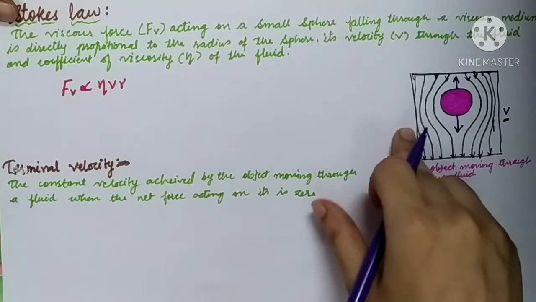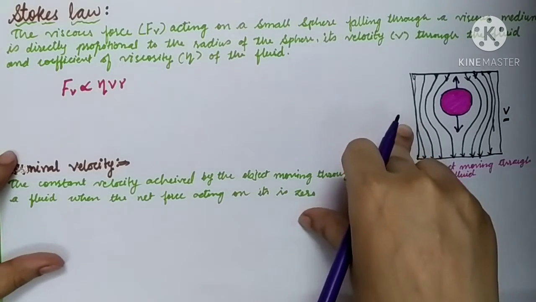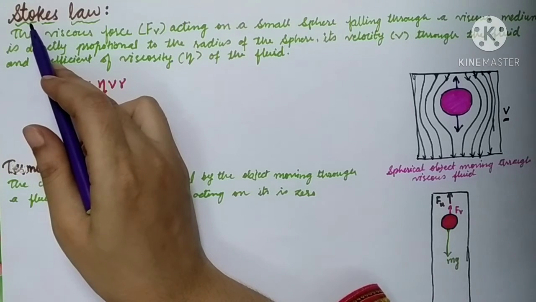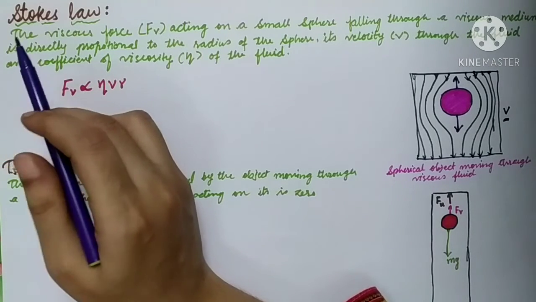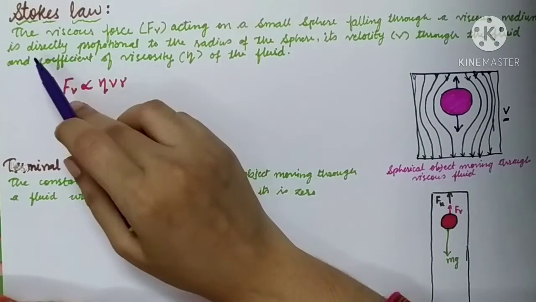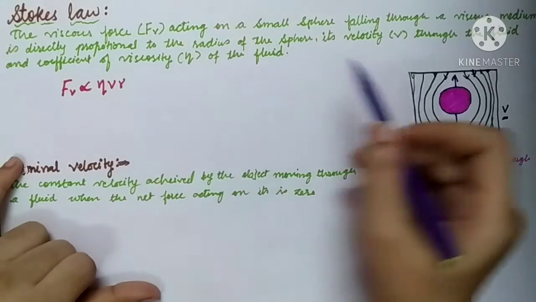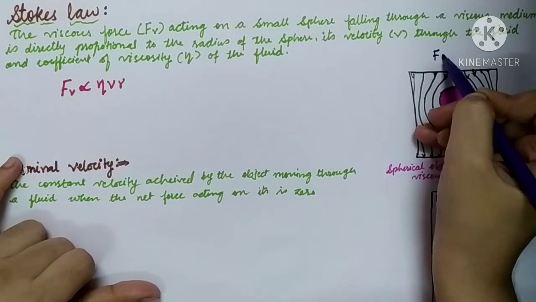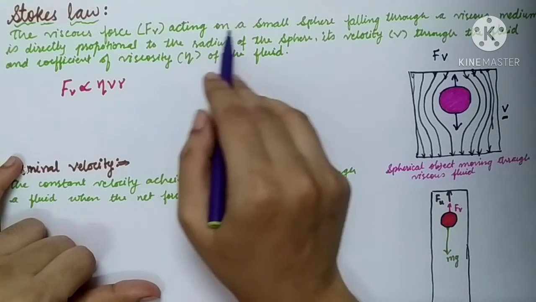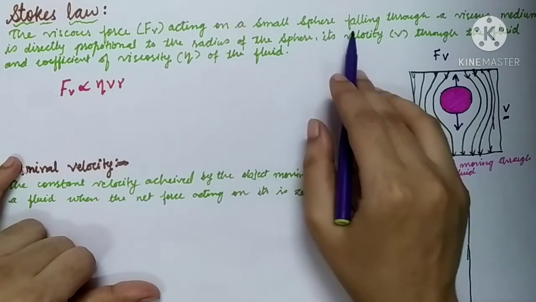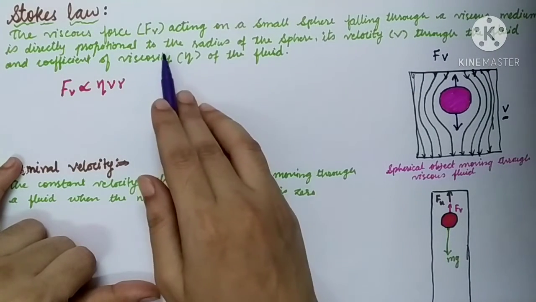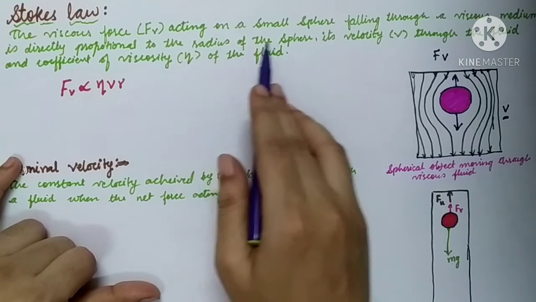Based on these observations, the German scientist Stokes formulated a law. The viscous force, denoted by Fv, or you can say the dragging force, acting on a small sphere falling through a viscous medium is directly proportional to the radius of the sphere.